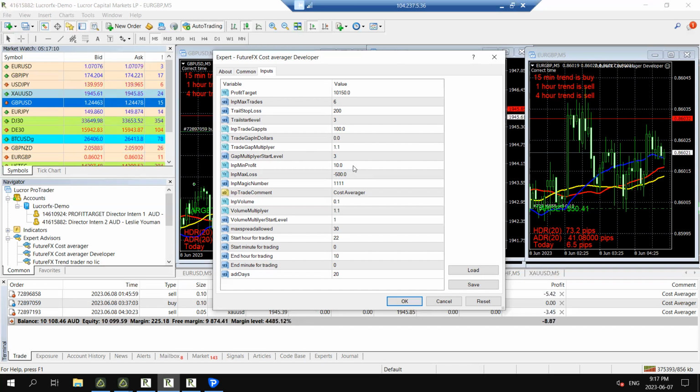Now, pound yen currently has a spread of 17. Of a morning time, and this will vary between brokers too, when the market first opens, the spread on pound yen can often be like 70 or 100, even more sometimes.